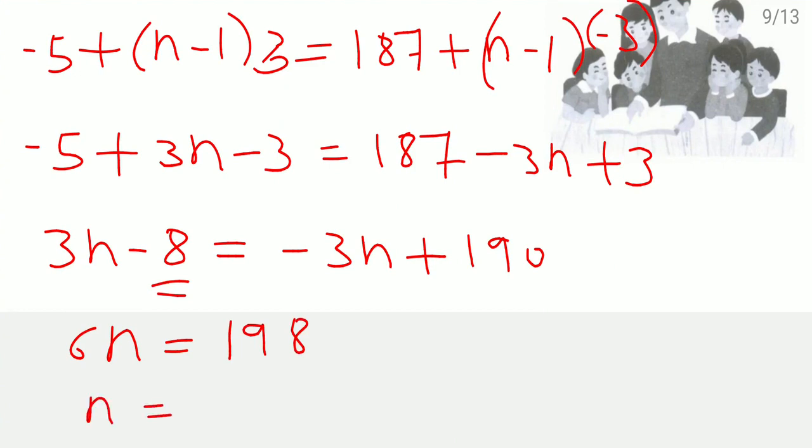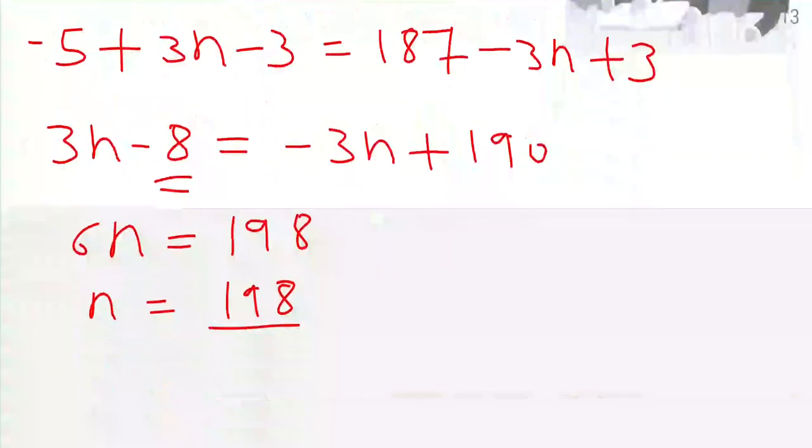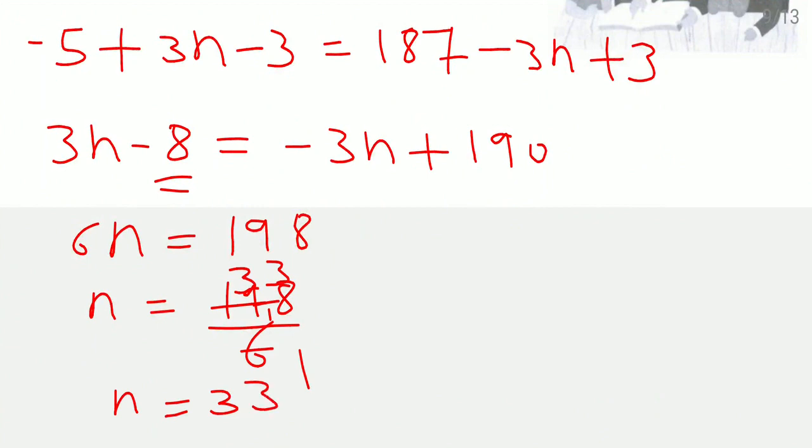So n is equal to 198 divided by, not 3, it is 6. So 6 ones are 6, 6 threes are 18, and 6 threes are 18. n is equal to 33. So 33rd term of both the APs will be equal.